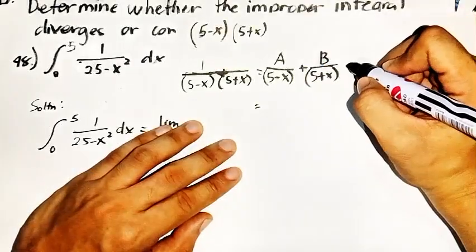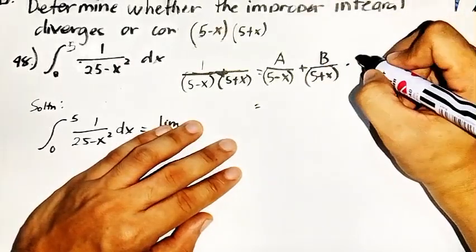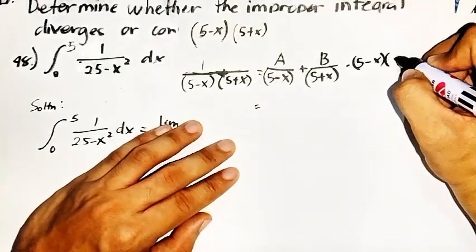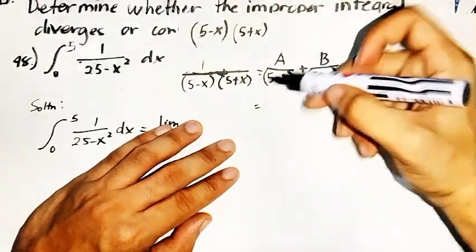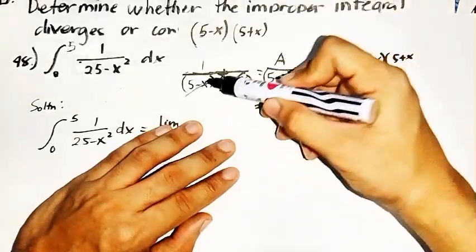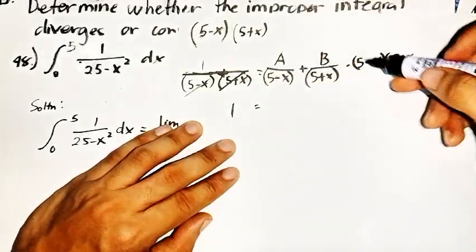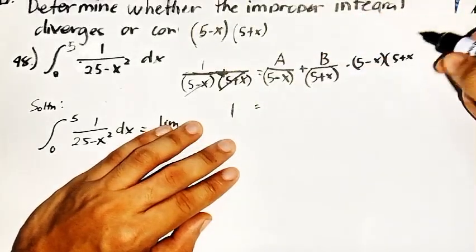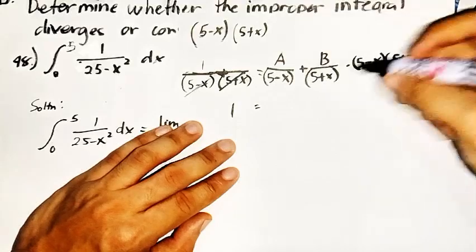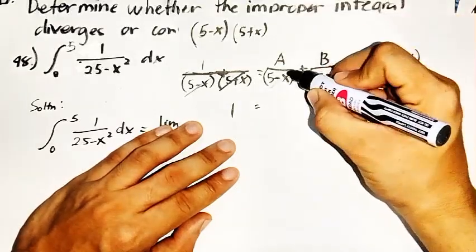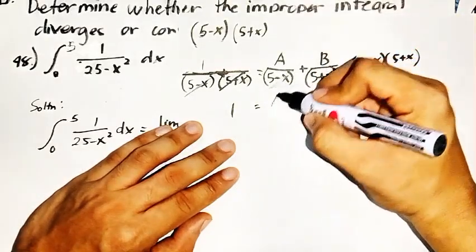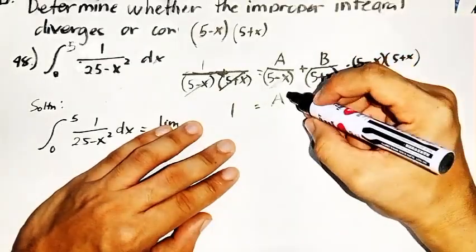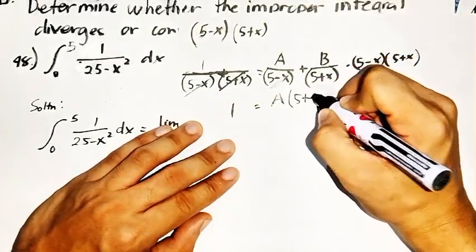Now, let's multiply both sides by 5 minus x and 5 plus x. This cancels, leaving 1. So A over 5 minus x times 5 minus x and 5 plus x, these cancel, so it becomes A. This also cancels, so 5 plus x is left, A times 5 plus x.